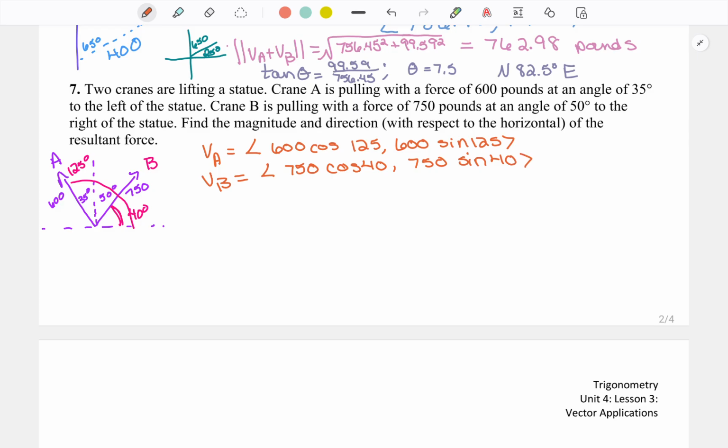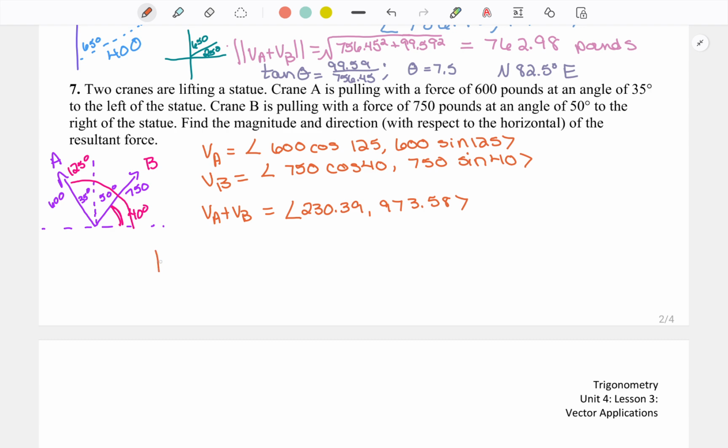So I would put these in my calculator and add them together. So you're just going to add your A's together and your B's together. I'm not going to write that all out again. But VA plus VB is going to be equal to 230.39 and then 973.58.